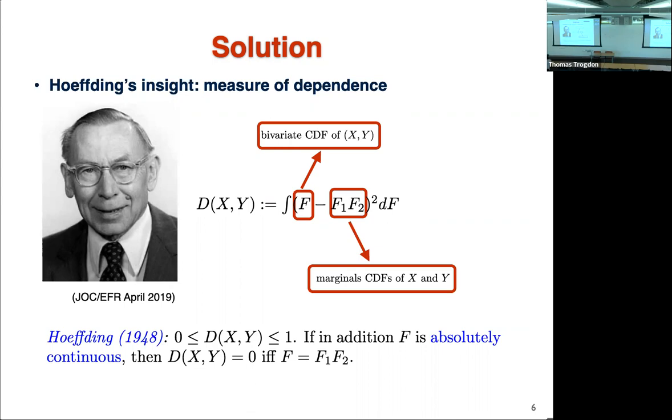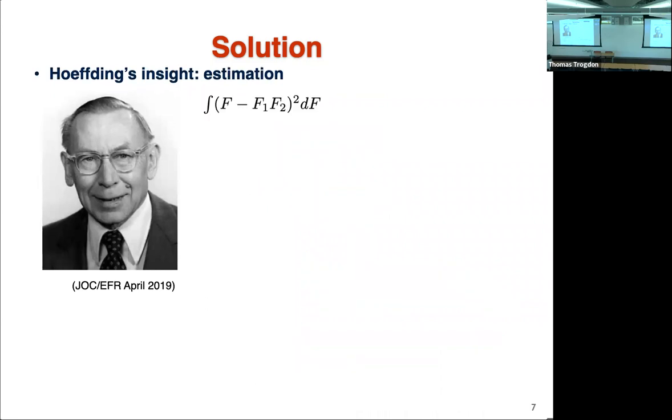Hoeffding's insight is not about defining this measure. I think everybody can define it. His brilliant idea comes with estimating it. How to estimate Hoeffding's dependence measure, now called Hoeffding's D, is how U-statistics was born. Let's go through it; it's simple algebra. We do this quadratic expansion, and the Lebesgue integration is a linear operator, so this is trivially true.